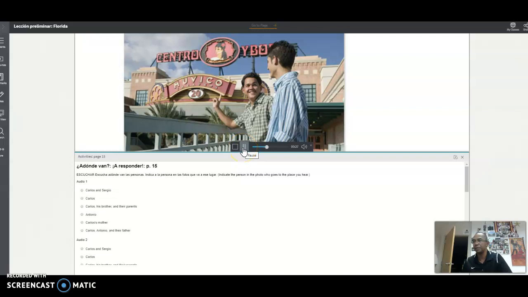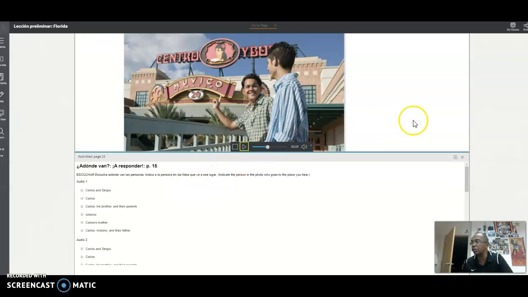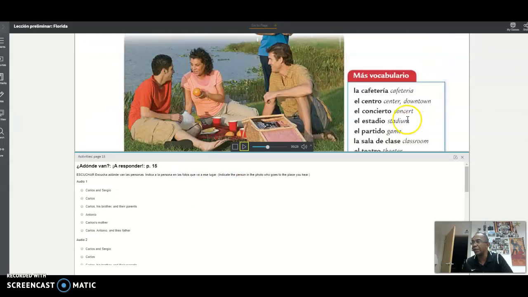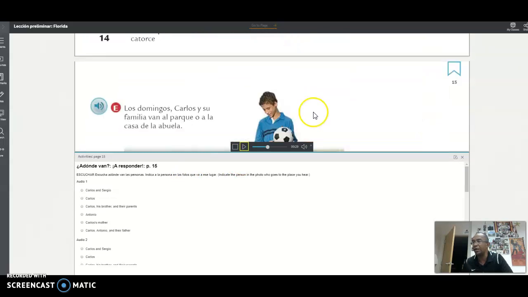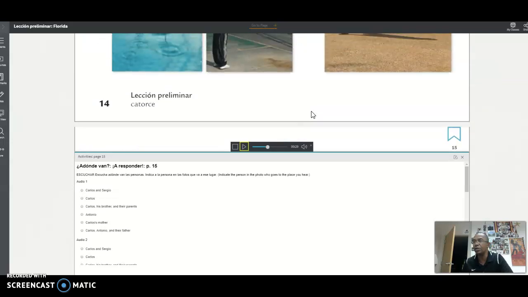1. Va a la biblioteca. So what you have to do here is based on the pictures that you had before, you have to select who goes to each one of these places. There's Carlos and Sergio, Carlos and his brother and their parents. Who goes to this place? So la primera is va a la biblioteca. Who goes to the library?